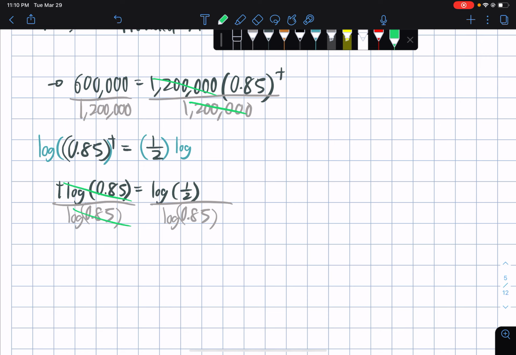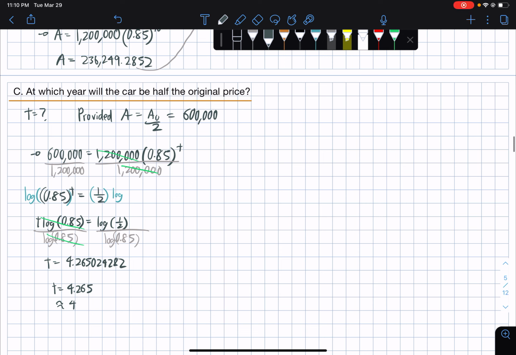And cancel. t is equal to, our numerator is log 1 over 2, and denominator is log 0.85. t is equal to 4.26502428 or t is equal to 4.26265, approximately 4, just 4, at the 4th year.